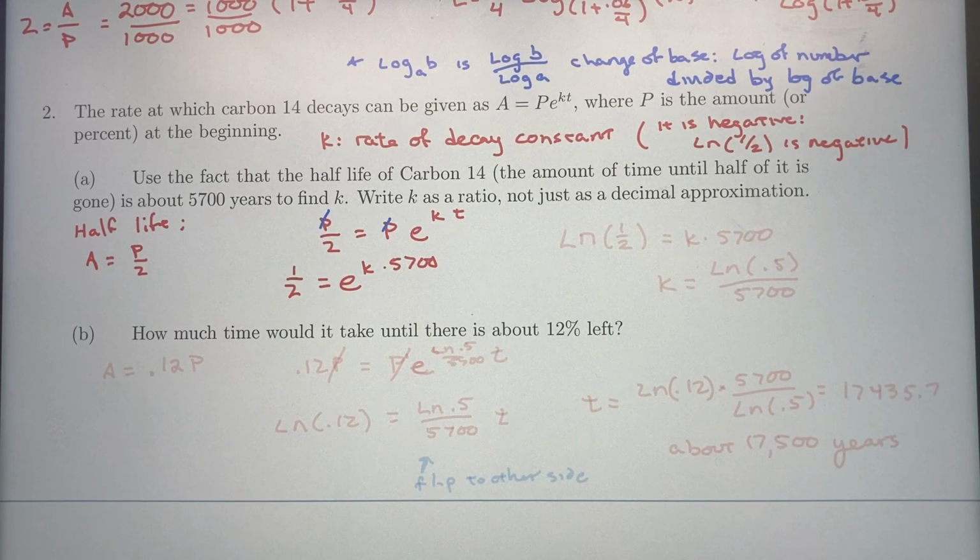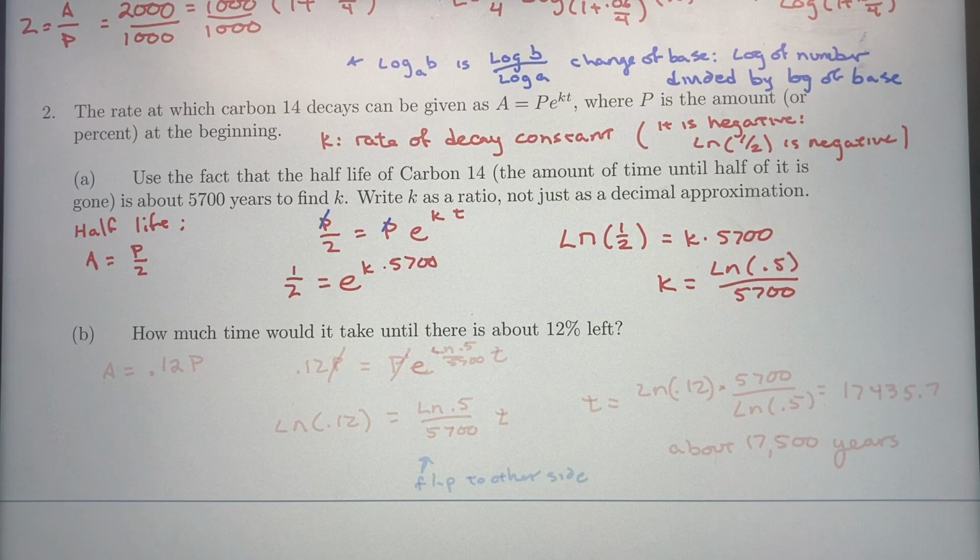Okay, so I un-e by lning the left side. So my rate of change constant is ln of 1/2 over 5,700.